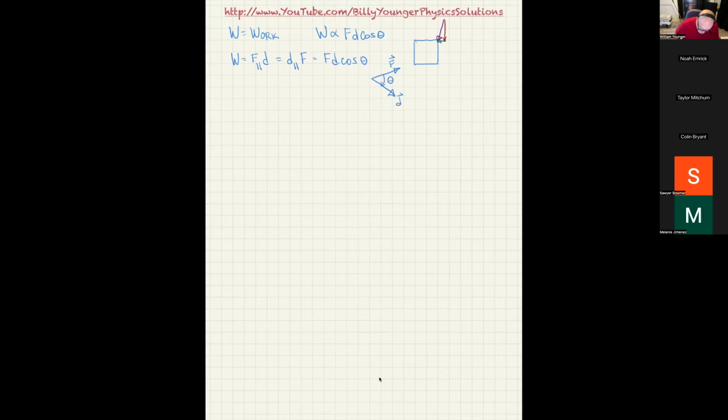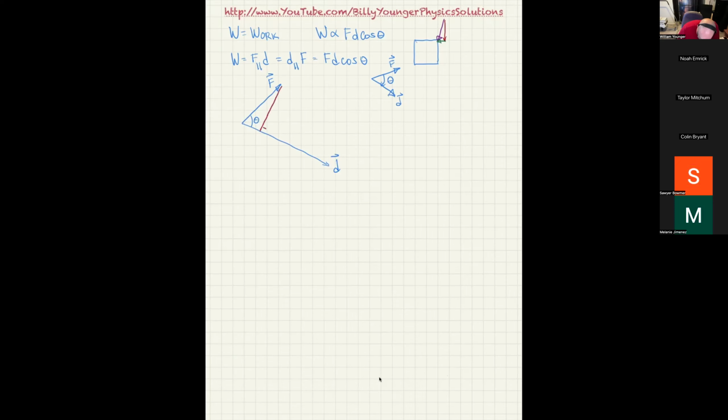Now, if you look at that a little closer, let's draw it over here to make it easier. Let's say this is the force, this right here is our displacement vector, and this angle right here is theta. What I would like to point out is that we can consider F being made up of two perpendicular components.